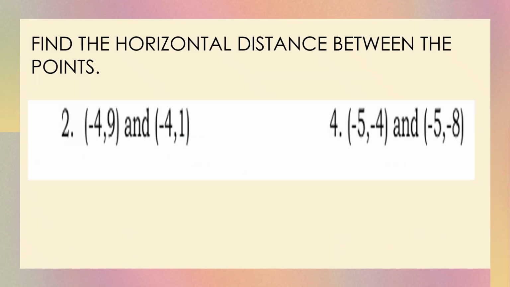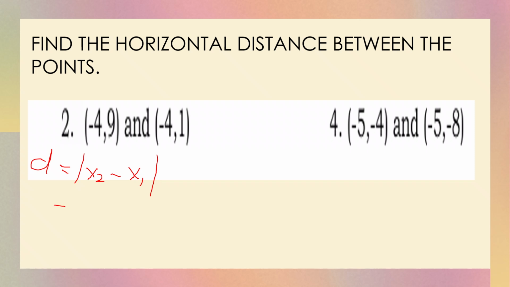Okay, so here we're going to find the horizontal distance between the points. So that means on this example, 2 and 4, we need to find the distance between the x coordinates. So we have d is equal to x sub 2 minus x sub 1. This is x1, y1, x2, y2.